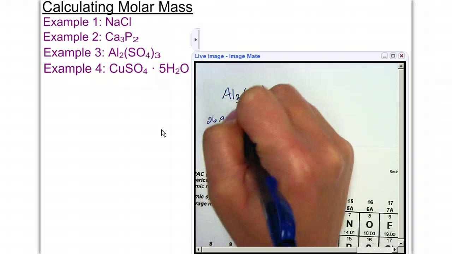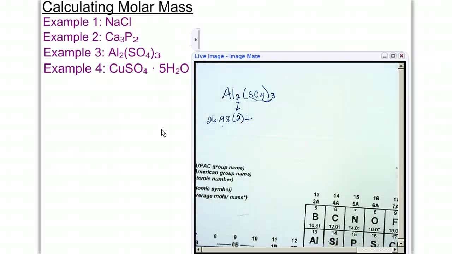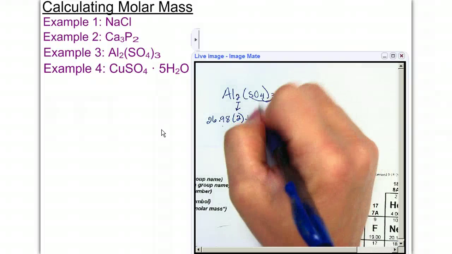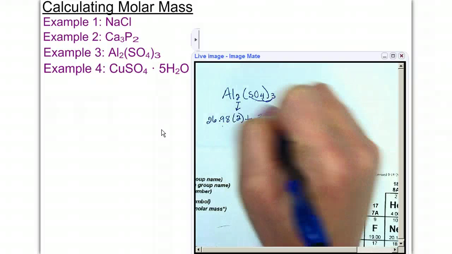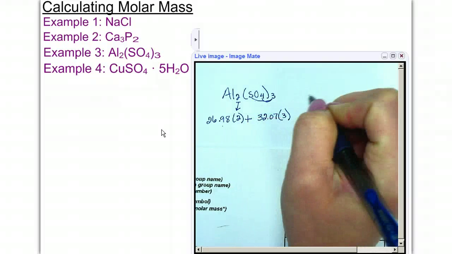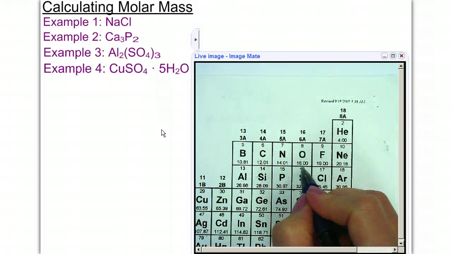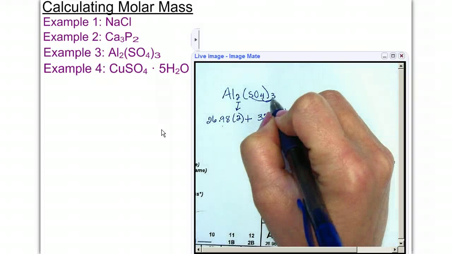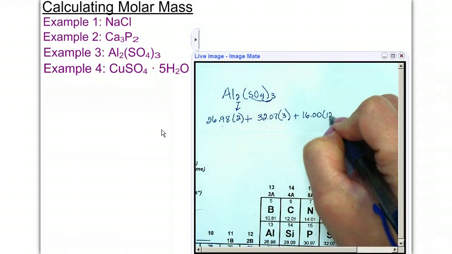Because I have 2 aluminums, I'm going to multiply times 2, plus sulfur is 32.07. Because there are 3 sulfurs, I'm going to multiply times 3, plus oxygen is 16.00, and I have 3 times 4 is 12 oxygens, so multiply that times 12.